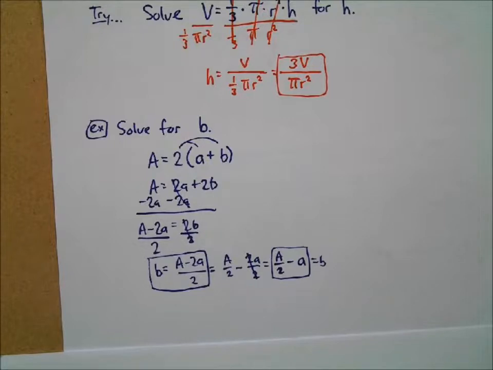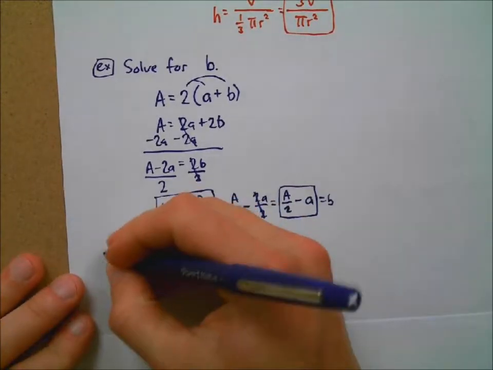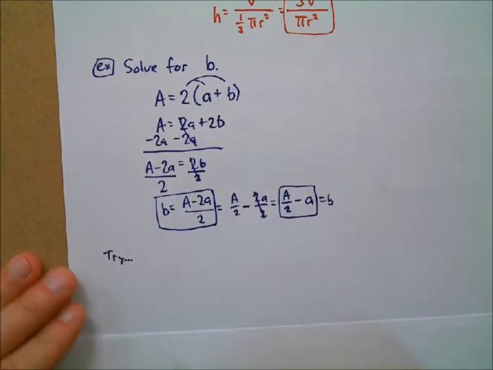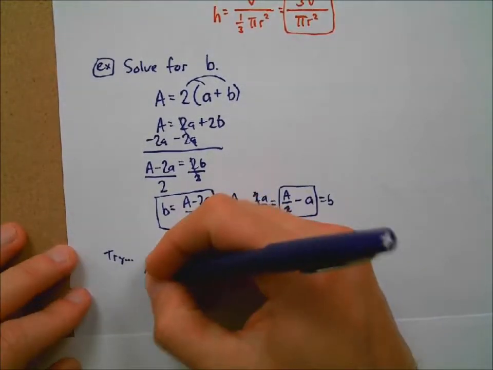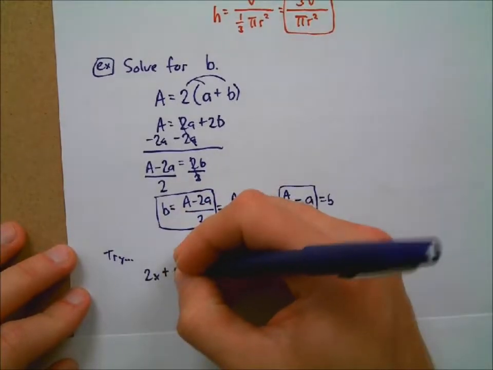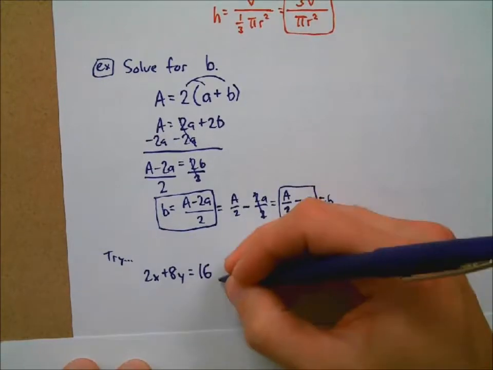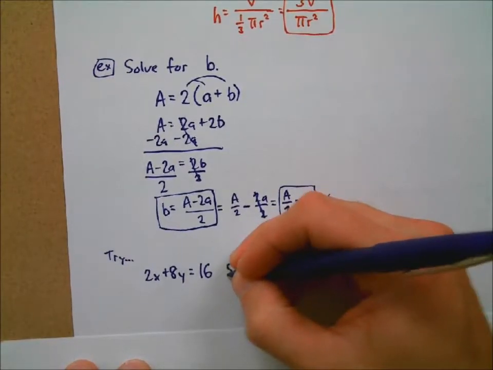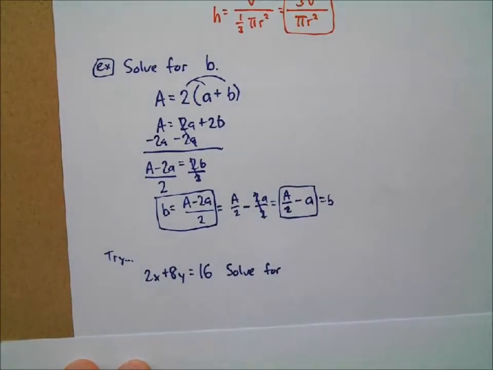All right, let's see here. I'm going to give you another one. I'll have you guys try one more, and then we'll move into inequalities, okay? I'm going to have you do 2x plus 8y equals 16, and I want you to solve for x.